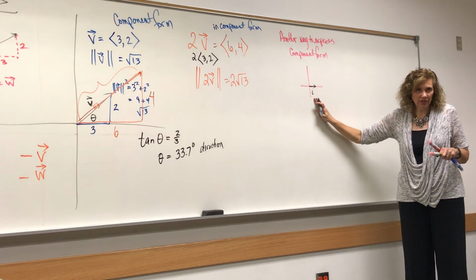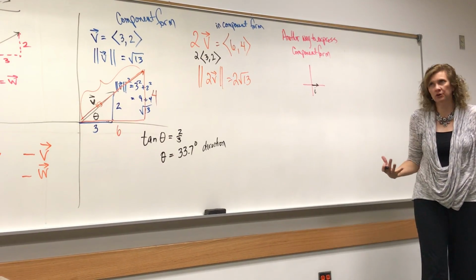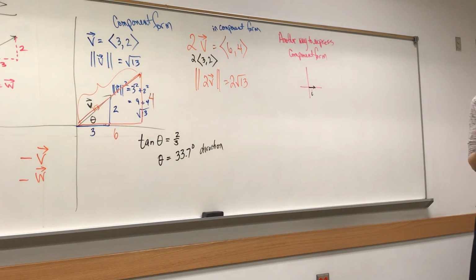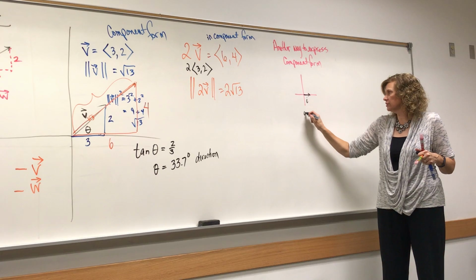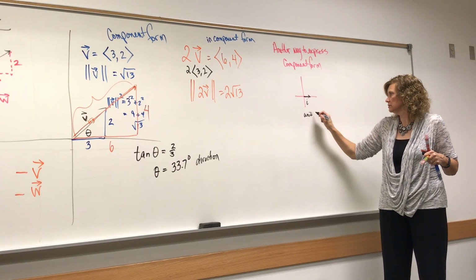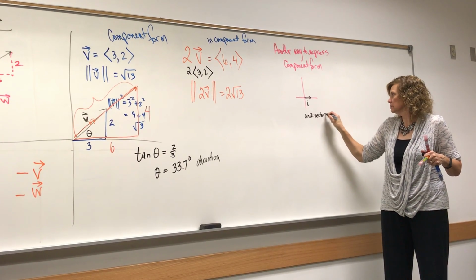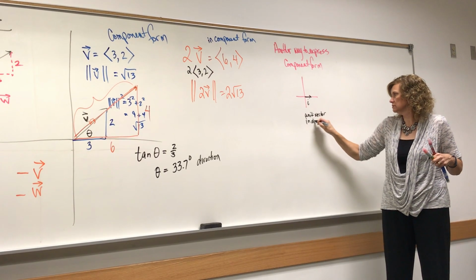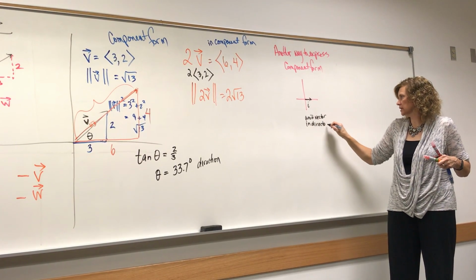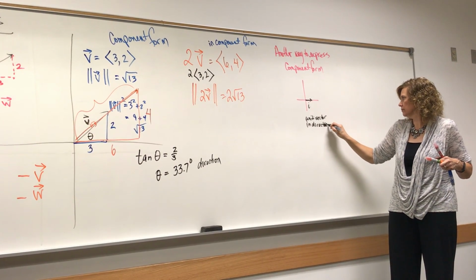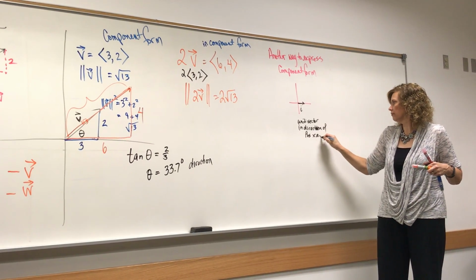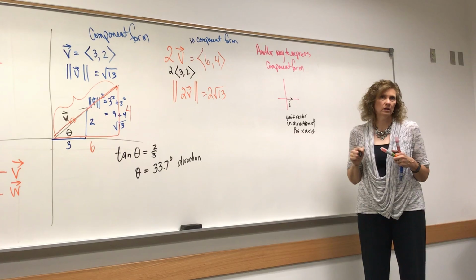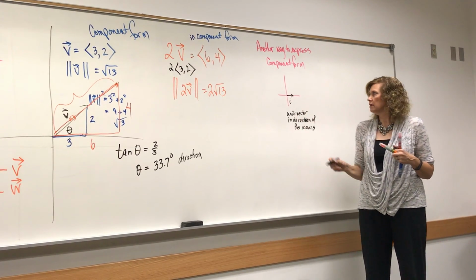Not the imaginary i. We are changing paradigms. We are in physics, science, forces, all that kind of stuff. i is a unit vector in the direction of the positive x-axis. Okay, it's an italicized i.